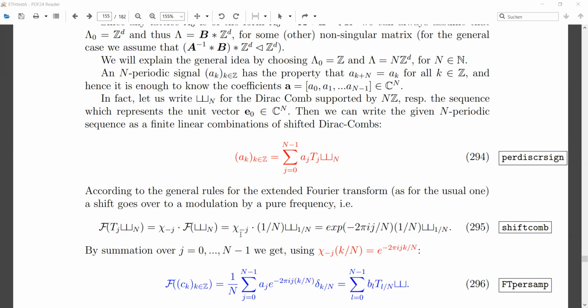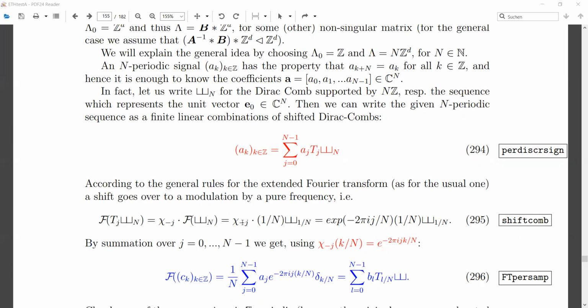Now, multiplying a Dirac measure with a function means you have to evaluate that function, and the function is the pure frequency minus j, so it's e to the minus j of 2 pi i, evaluated at the points k over n, and so this is giving you what you have to do. Now, this is not a good description.